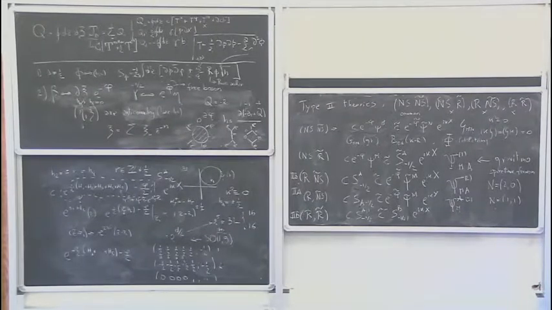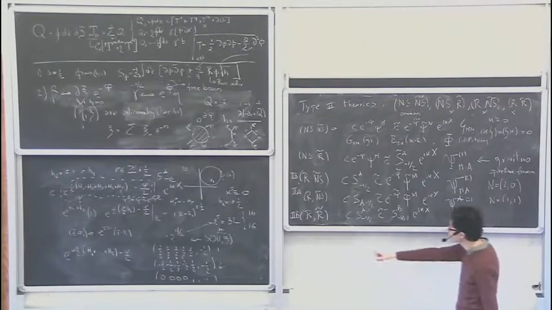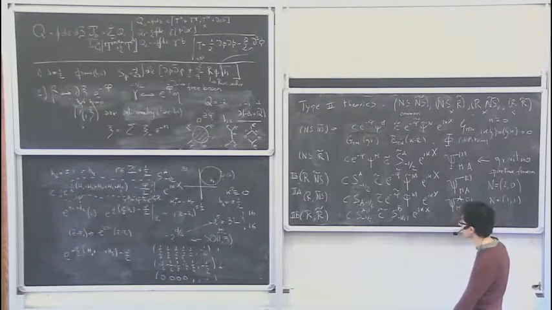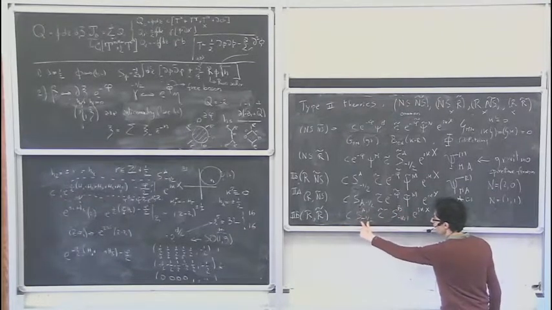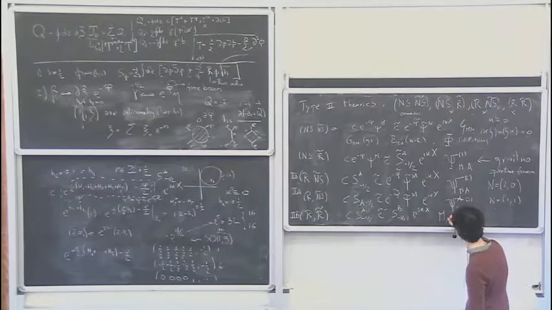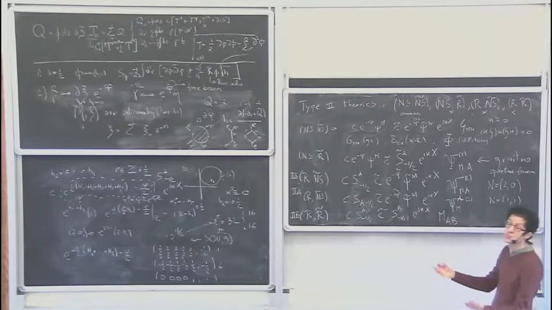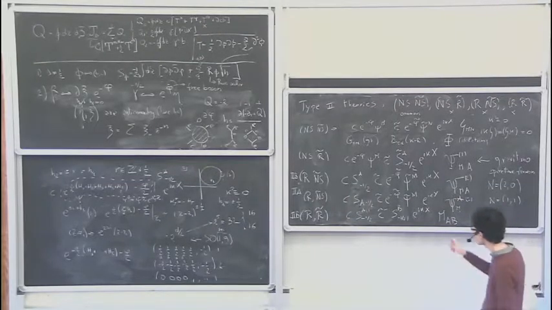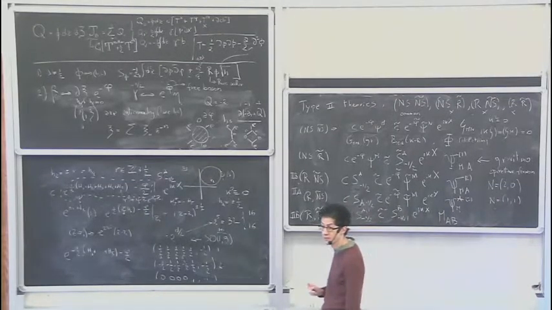Right, so in type 2B, the fourth sector, where you have Ramond both in the holomorphic and the anti-holomorphic sector, you see has a spinor index for the left sector, a spinor index for the right sector. So the object you have is a bispinor. It's something that has 2 spinor indices. These are the Ramond fields.